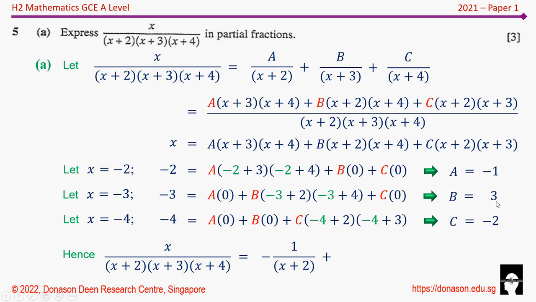B, I'm going to replace with a 3, so this would become 3 over x plus 3. Plus for c, I'm going to replace it with minus 2, so of course I have taken the minus to the front of the fraction, so I get a minus 2 over x plus 4. So we have already expressed this given fraction in partial fractions as a sum of these three fractions.